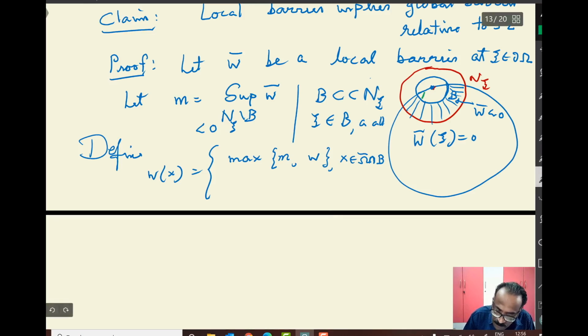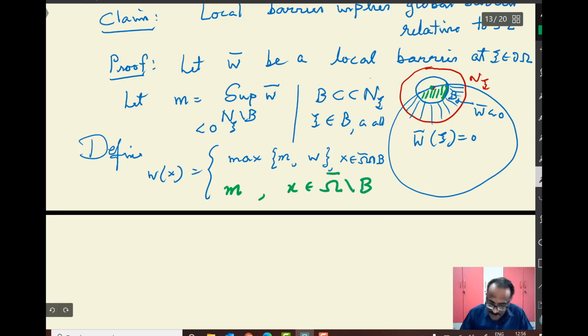At psi, your W of psi is equal to 0, and elsewhere it is strictly negative. So you can verify all these properties, and outside that I will define it to be m, for all x in omega bar minus b.